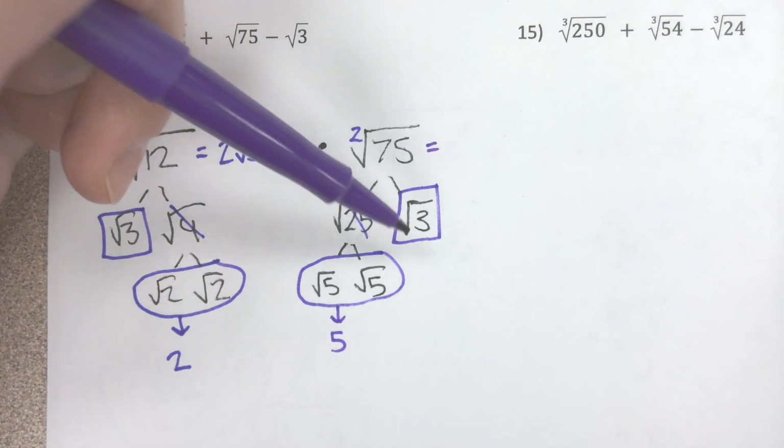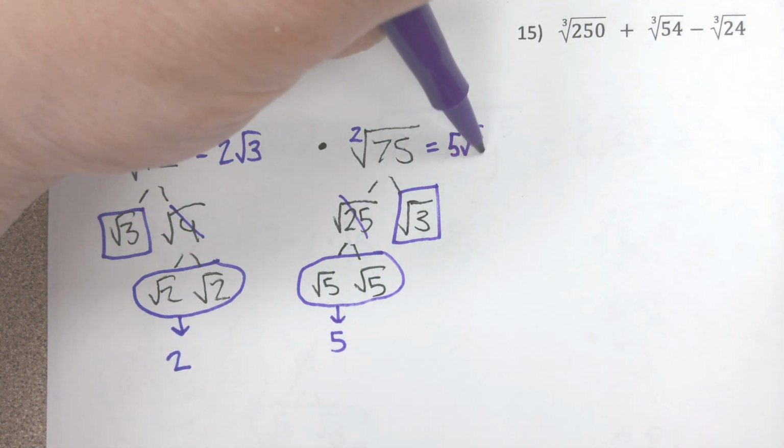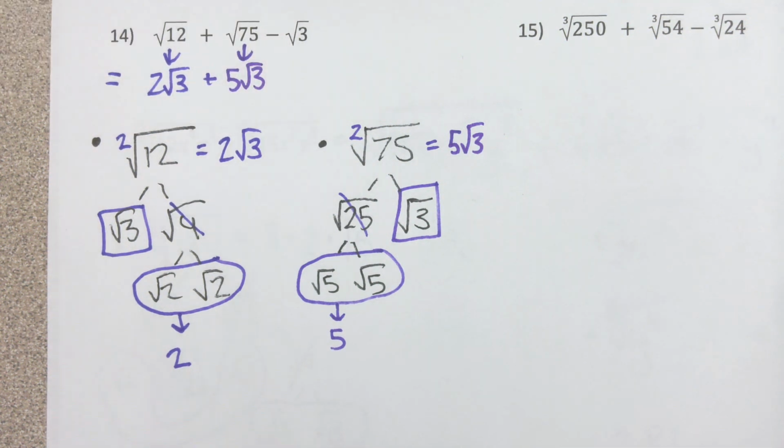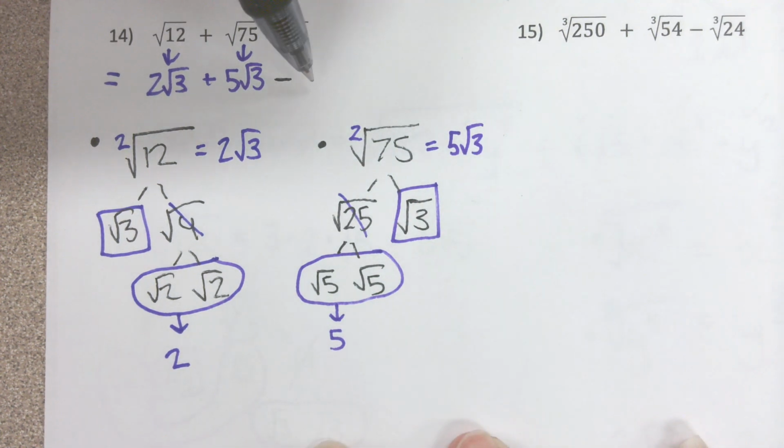So we're going to have 5 square root 3 here. And then we'll replace the square root 75 with 5 square root 3 at the top. And lastly, we'll bring down that minus square root 3.